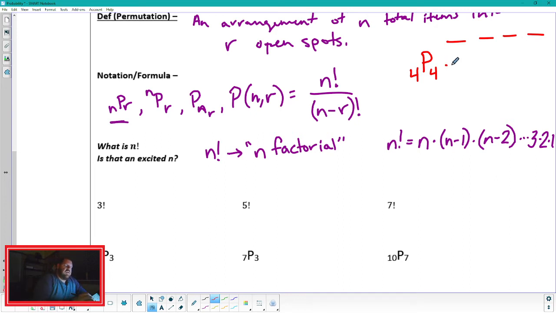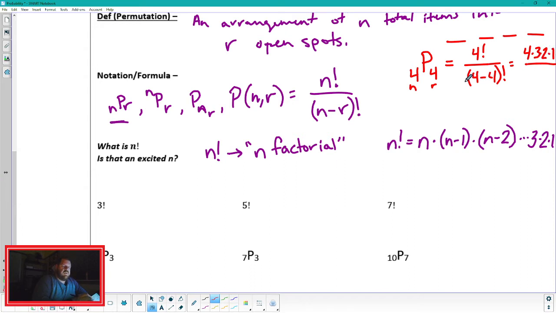Now the issue with this is right here. If we follow the formula, it's n factorial, it's 4 factorial, again, this one's n and this one's r, over n minus r factorial. But as we look at it, and I can even write this out, 4, 3, 2, and 1.